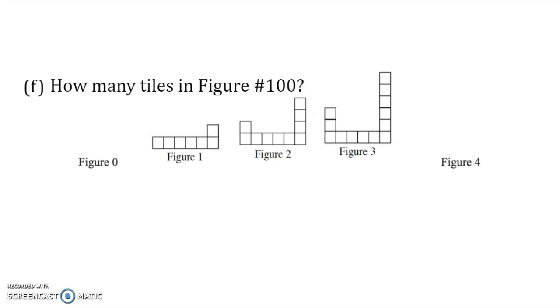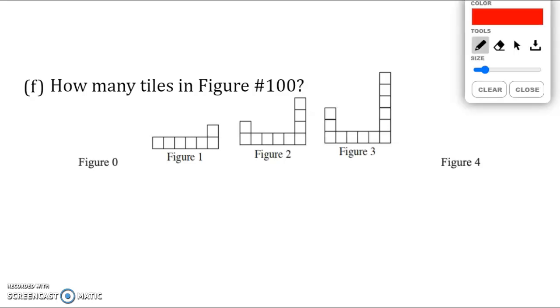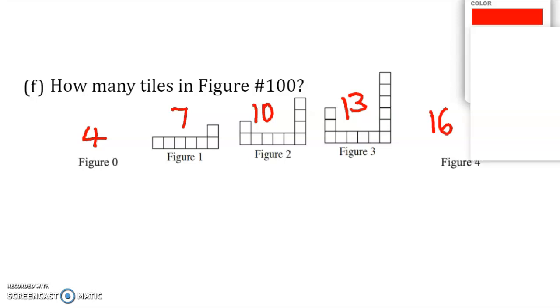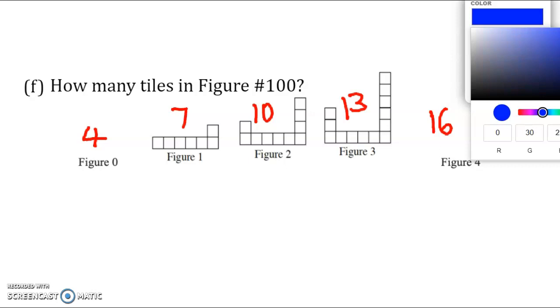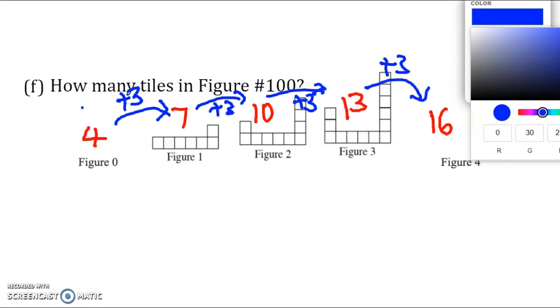I had 4 tiles here, then 7 tiles, then 10, 13, and finally 16 tiles in this figure. For each one of them the growth was +3, +3, +3, and then +3.